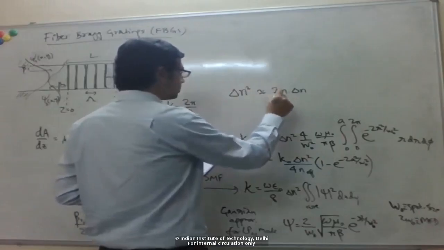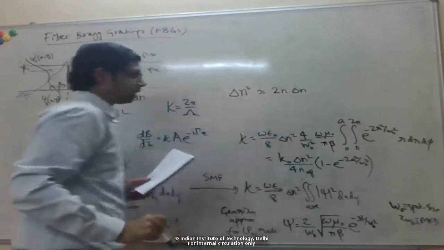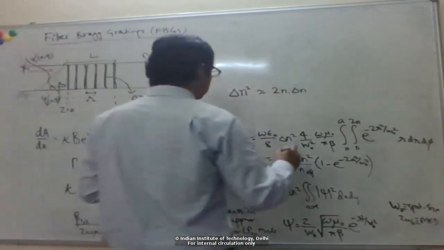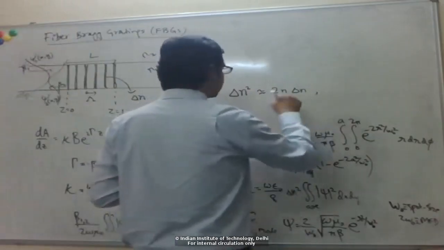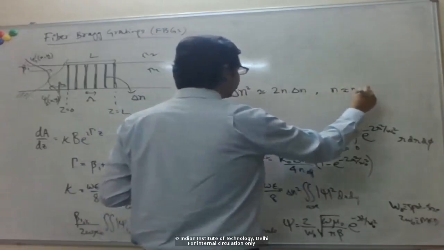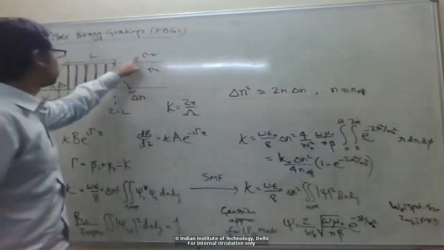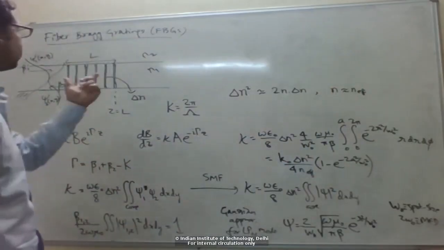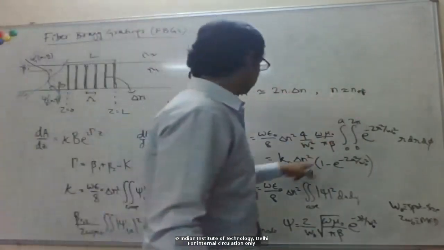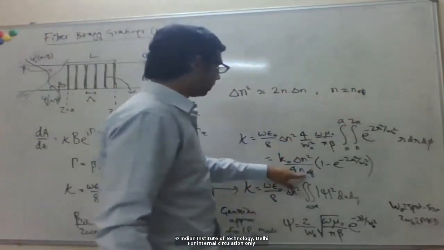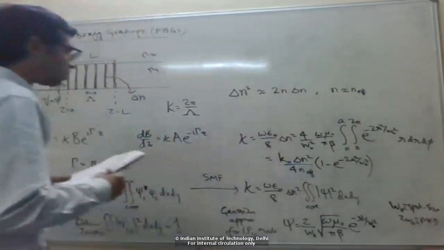You can write it as 2 times the absolute refractive index times the change. And then we can also assume that this refractive index n, the effective index, is very close to that, because again n1 and n2 are very close to each other. For single mode fibers, like order of 10 to minus 3, n effective is somewhere in between. So here we can just put n effective also just equal to n.